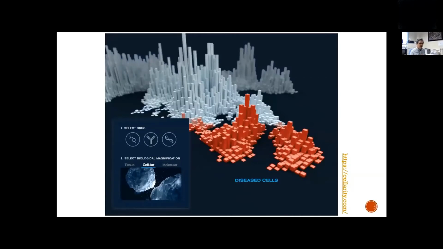But this particular plot only shows you one gene's expression. For example, this cell has gene A expressed at this level, this cell at this level. You just cannot show several different genes; you have to show just one gene. But you can change it. So if I want to see another gene's expression, you have a different landscape.